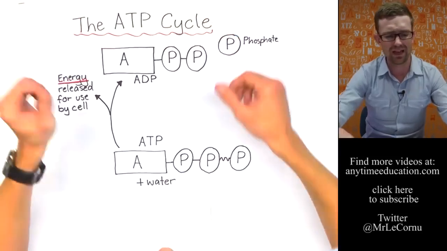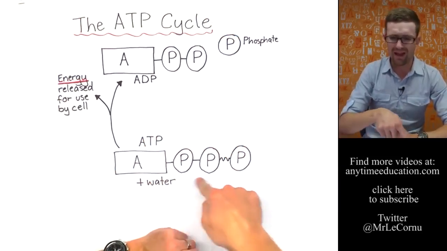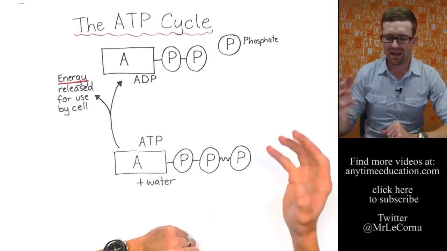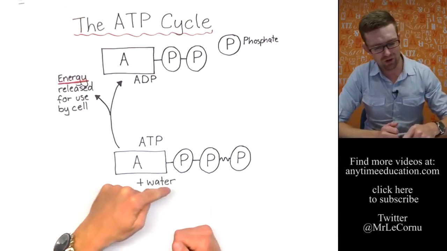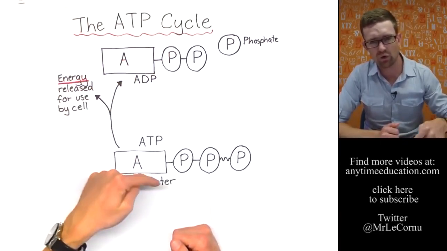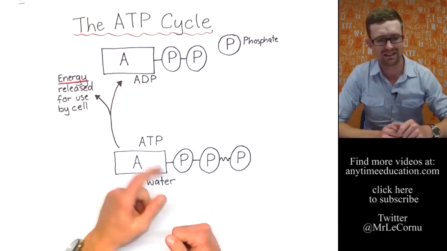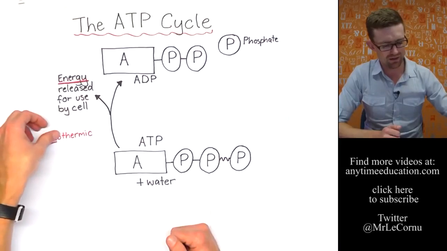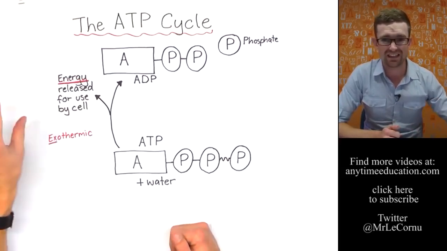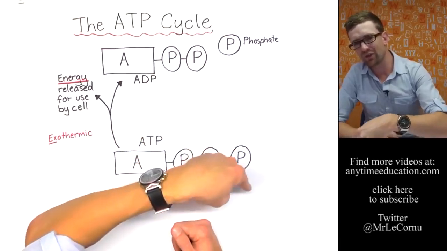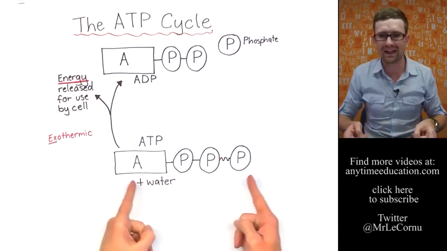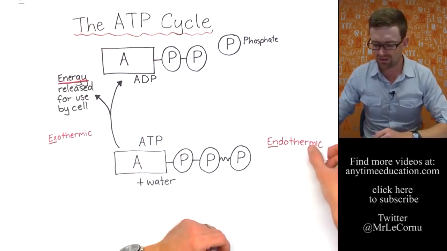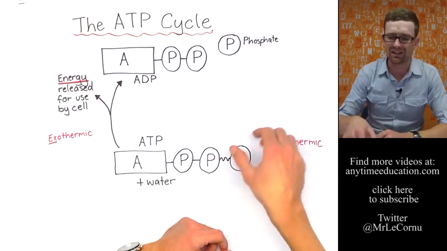We need another step where we can actually put ATP back together and add this phosphate back on. And it just so happens that because breaking it down, or converting the ATP to ADP, released energy and was exothermic, meaning energy exits the reaction, adding the phosphate back on to make ATP again is an endothermic process, which means it requires energy.